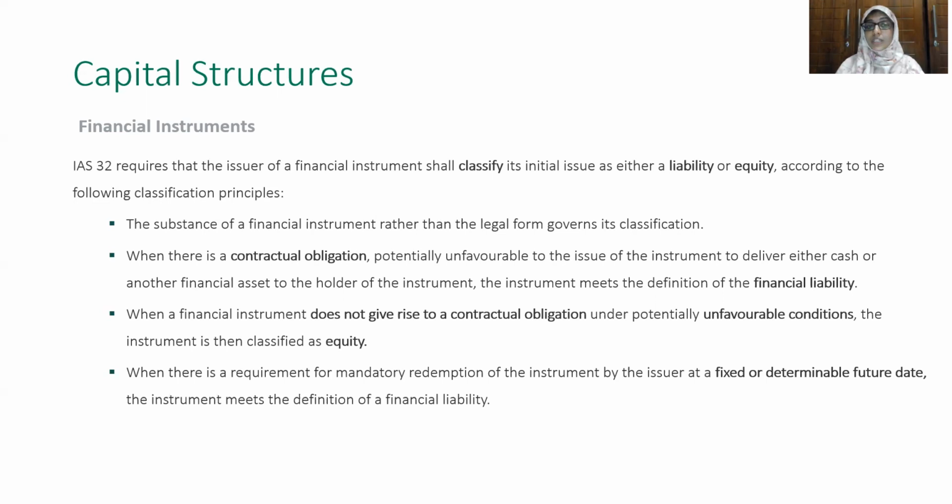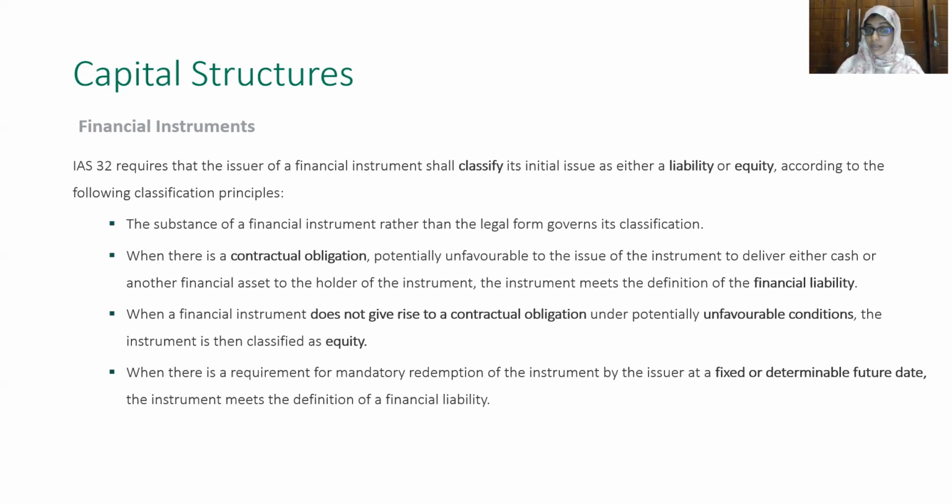So when an instrument does not give rise to a contractual obligation under potentially unfavorable conditions, then the instrument is classified as equity. So if the financial instrument doesn't have any type of contractual obligation with an unfavorable condition, then the instrument would generally be classified as equity.